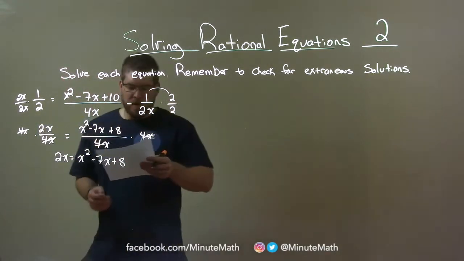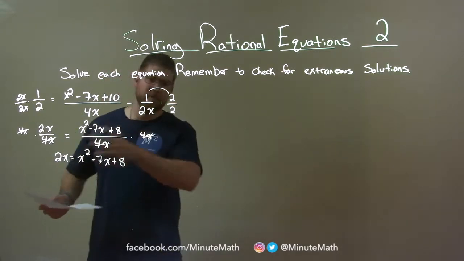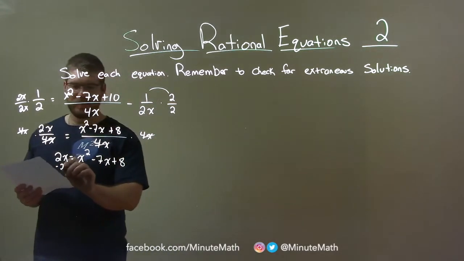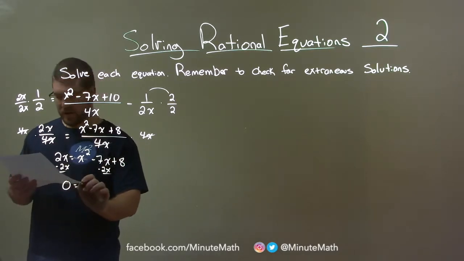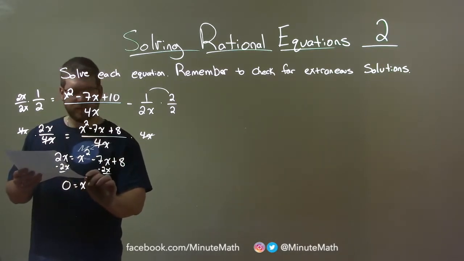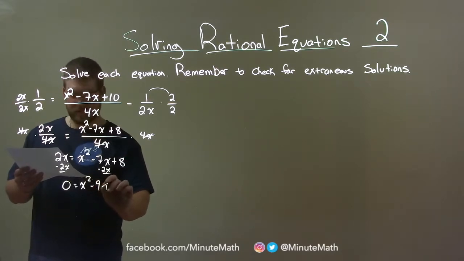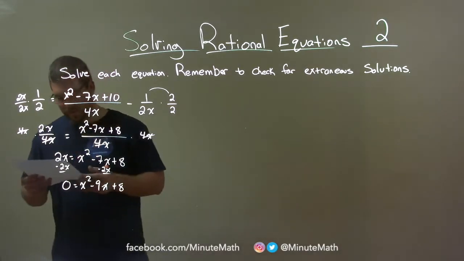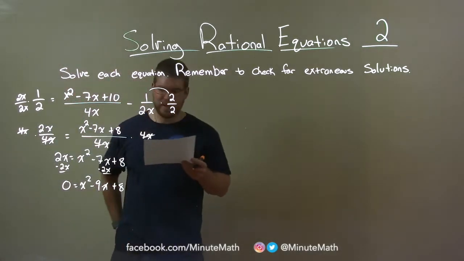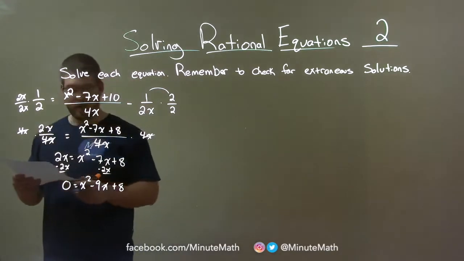Alright, so now let's get everything to one side, subtract both sides by 2x here. And we're left with 0 equals x squared minus 9x plus 8. Let's factor. Well, what multiplies to be positive 8 but adds to be a negative 9 is minus 1 and minus 8.